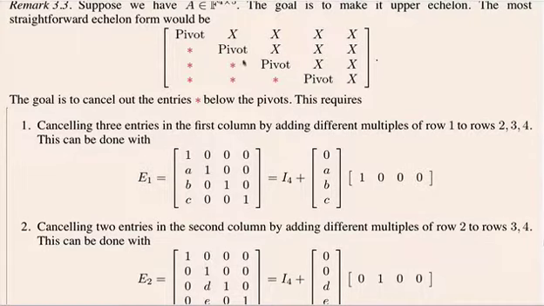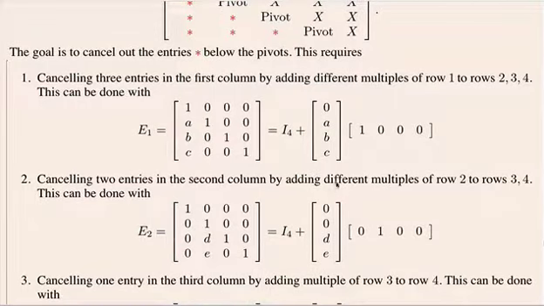We also have to cancel the entries under the second pivot in the second column. That requires adding different multiples of row 2 to rows 3 and 4, and for that we need this matrix. We used these addition matrices before, but now we combine several additions into one matrix.